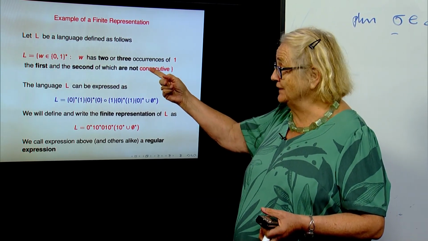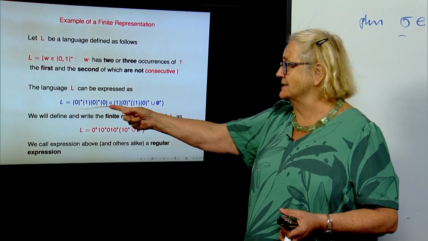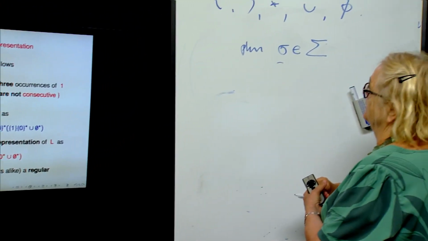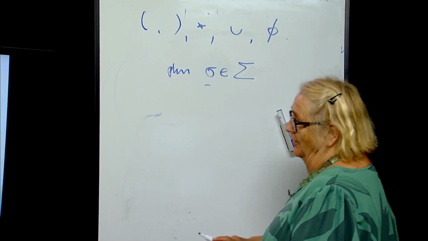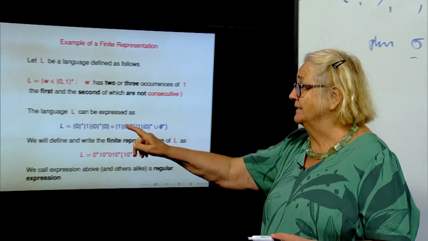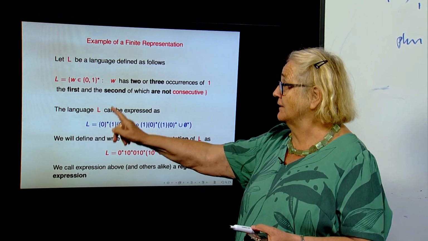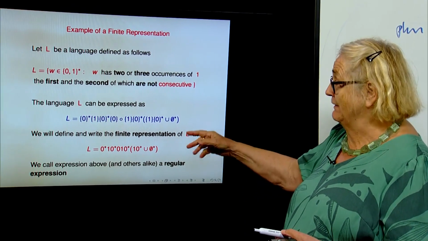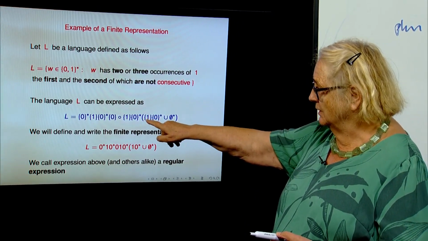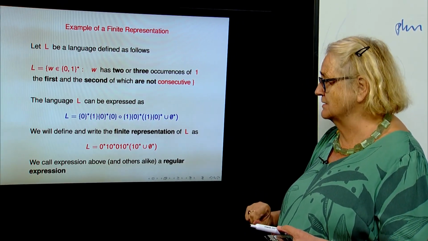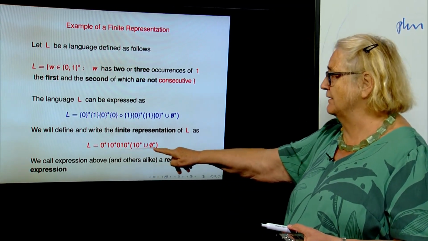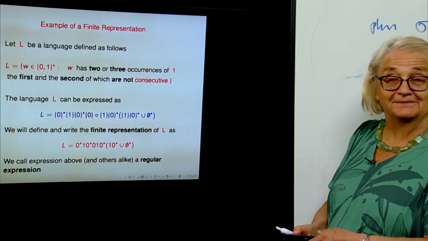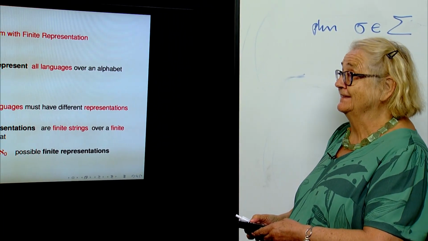The language can be expressed as a set, as 0 star, 1 concatenated, etc. The finite representation: if you skip the set symbols, that would be a finite representation of that language.